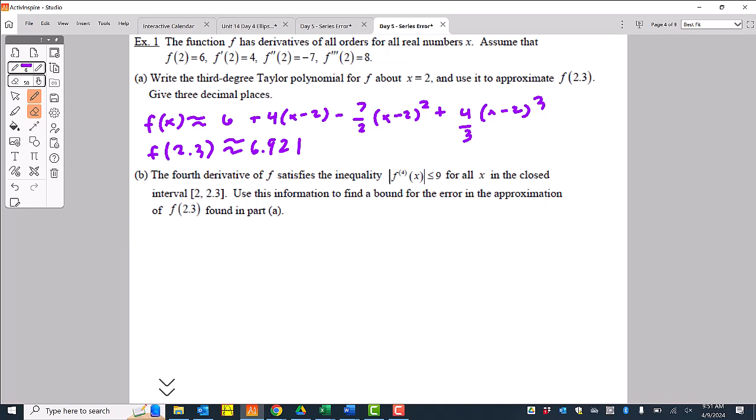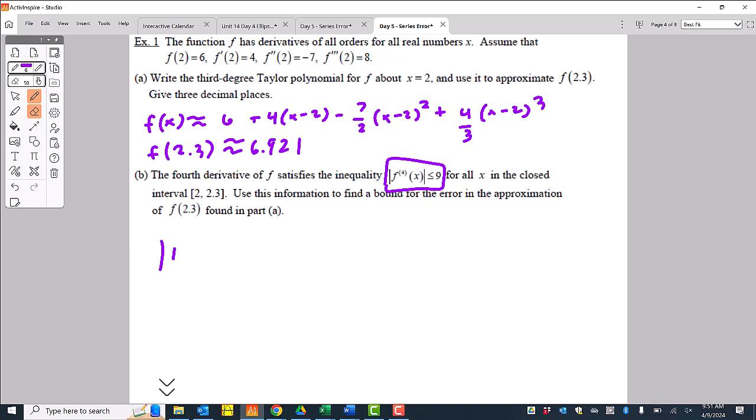All right, so then in part B, it tells us the fourth derivative of f satisfies the inequality: the absolute value of the fourth derivative of x is less than or equal to 9. Well, this looks a whole lot like a maximum. This is saying the fourth derivative of x is going to be less than 9. Its maximum possible value is 9 on the interval 2 to 2.3.